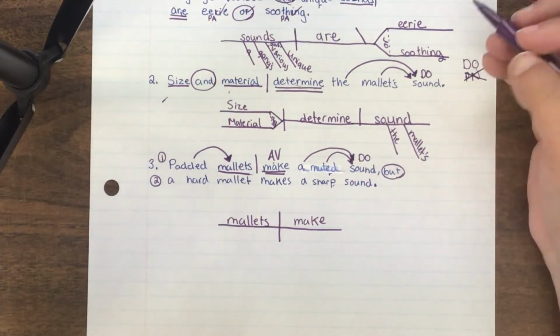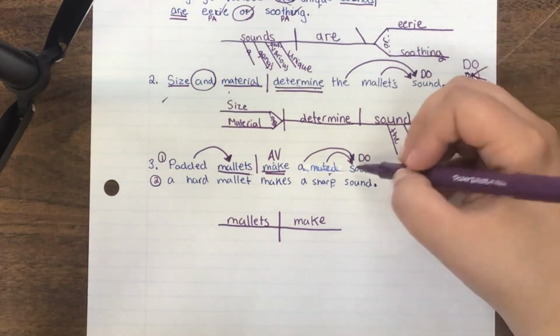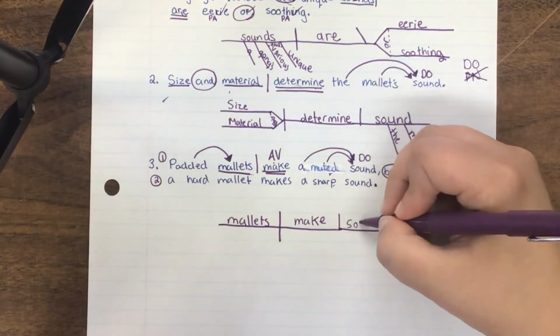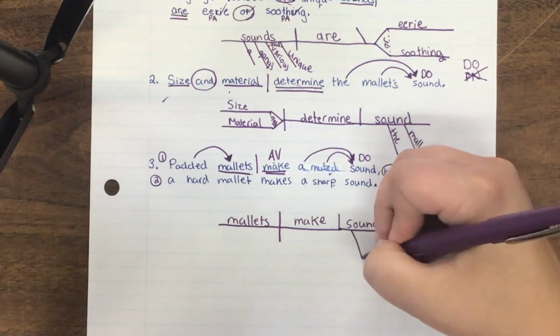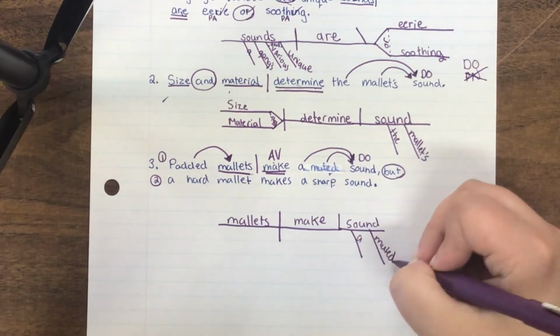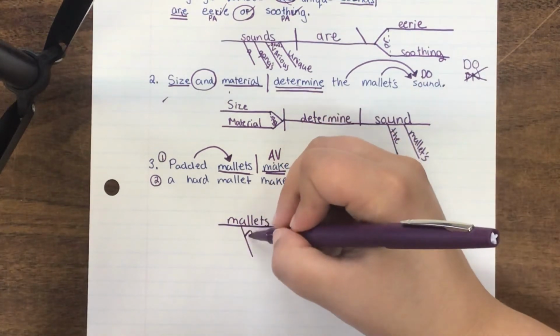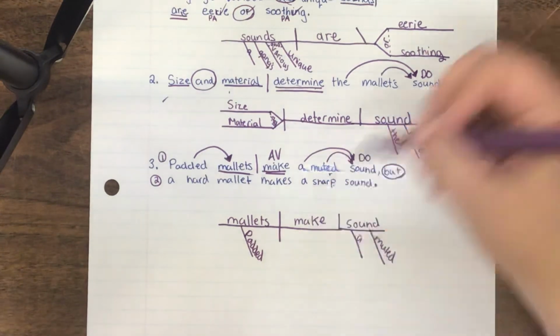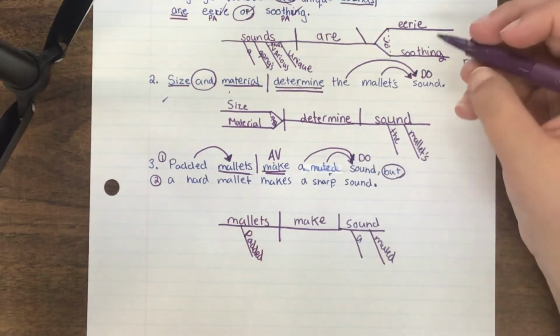And then I need to add all of my other things. I have my direct object directly up and down. Put sound on there. A and muted describe sound. And padded describes mallets. Right away, I have my first diagram.